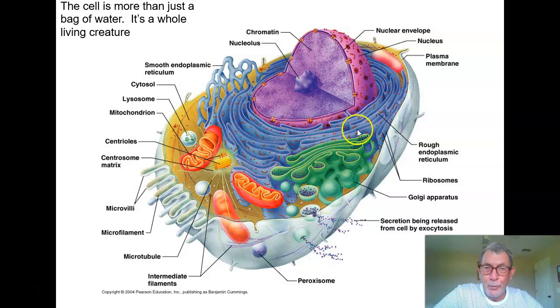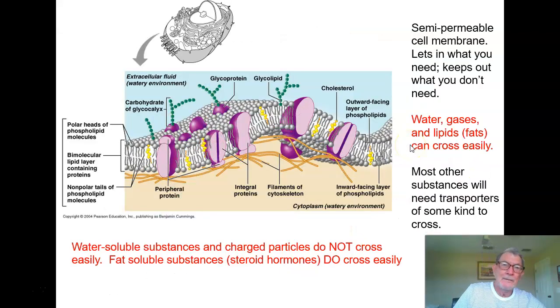So a muscle cell will have a lot of contractile proteins that pull together and allow it to shorten. A secretory cell that secretes thyroid hormone will have these Golgi apparatus bubbles that will secrete stuff and then pop and release the hormone into the bloodstream.